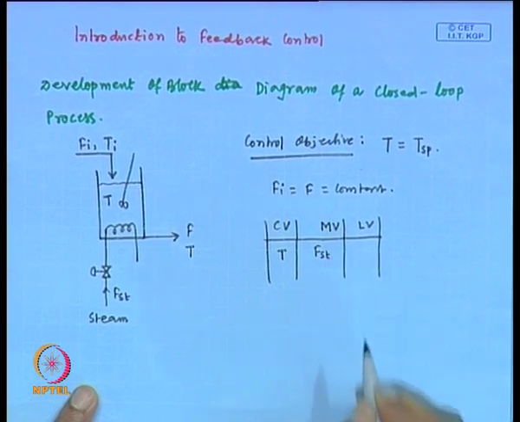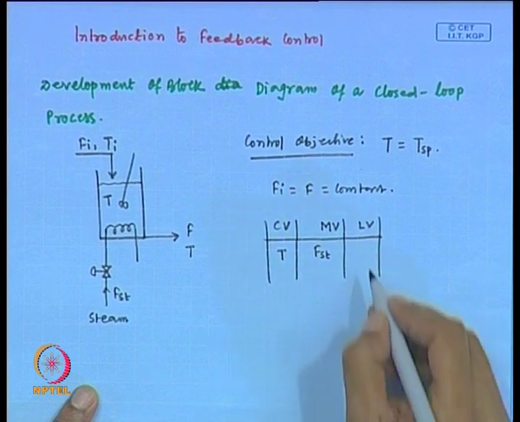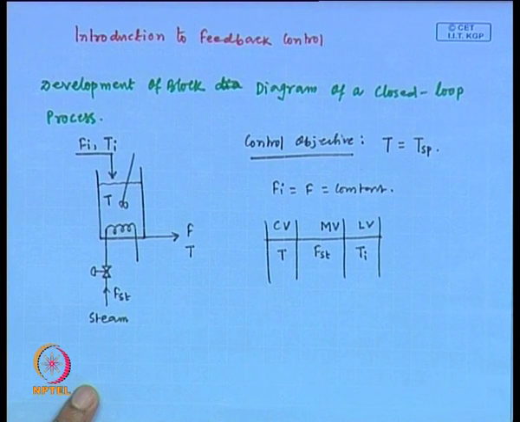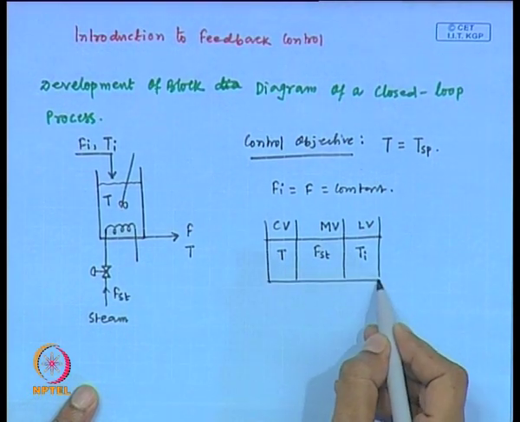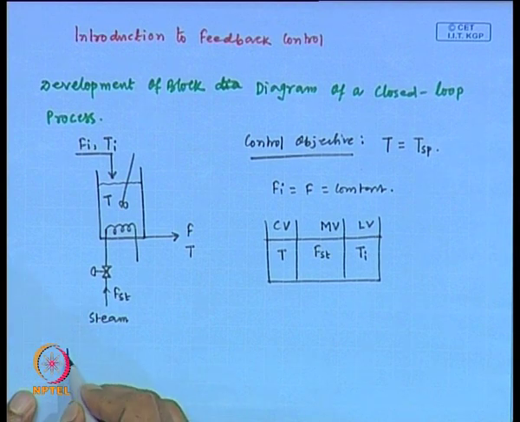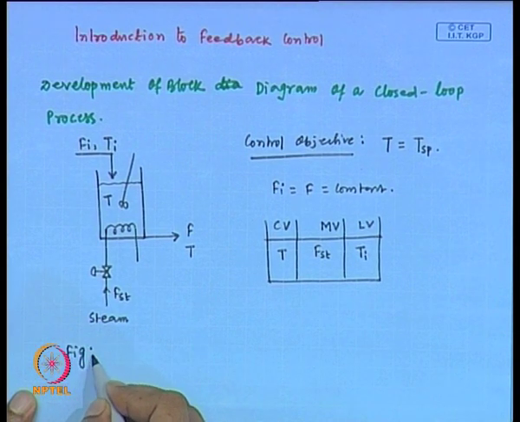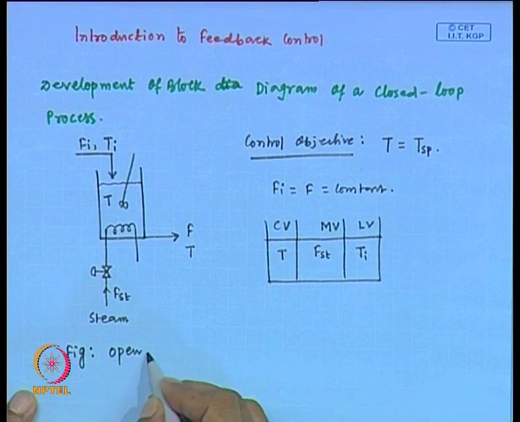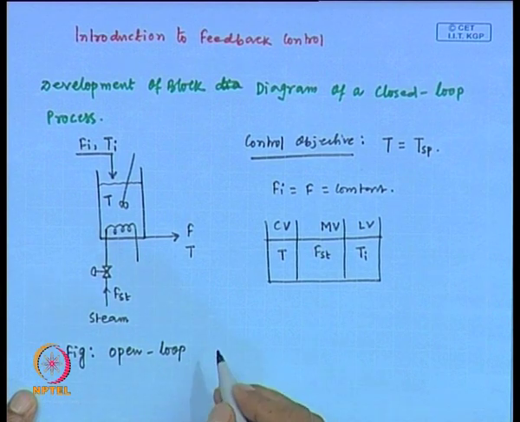Corresponding manipulated variable is steam flow rate, and load variable is Ti. Fine. Now, this is the schematic of the open loop heating tank system.